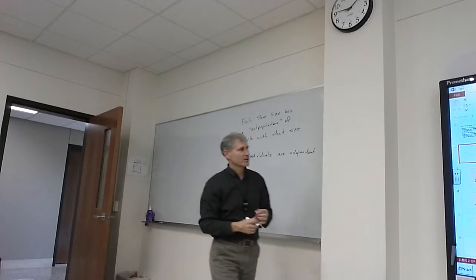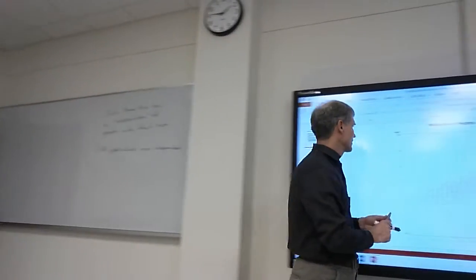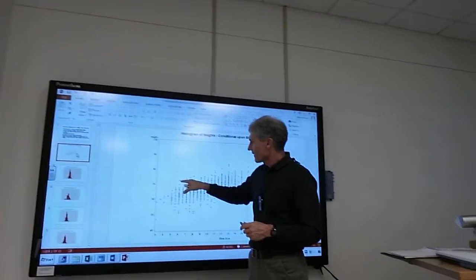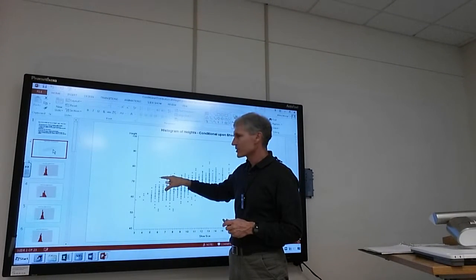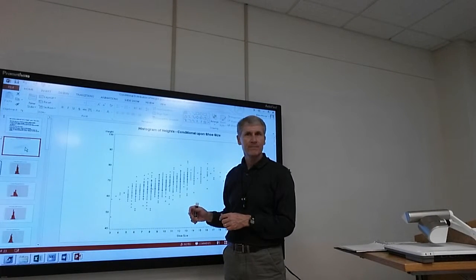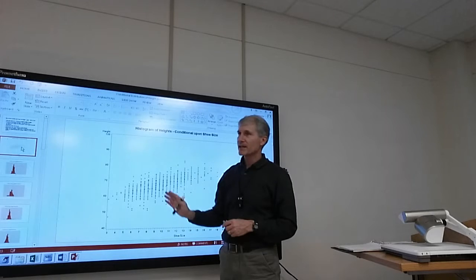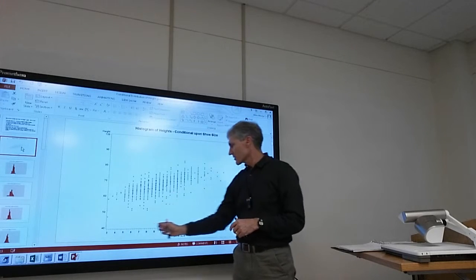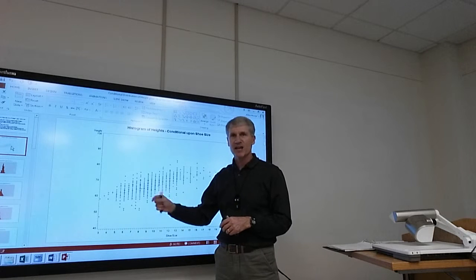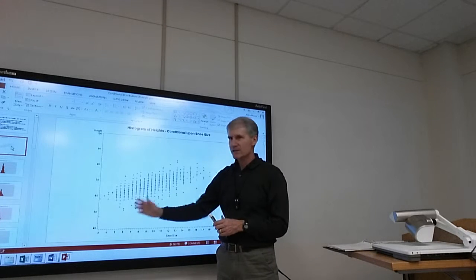So if I come back over here to the scatter plot, this point has to be a person who's completely independent of any other point in there. Now that can be violated if you have a time scale and you're measuring the same individual across time.